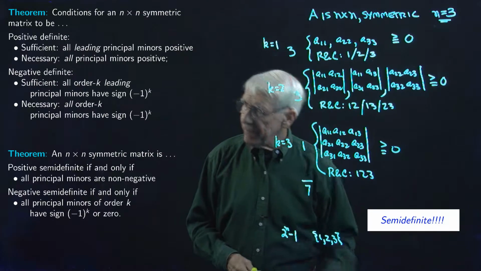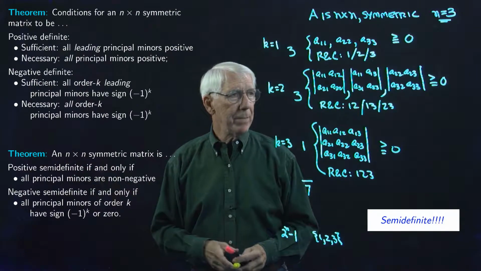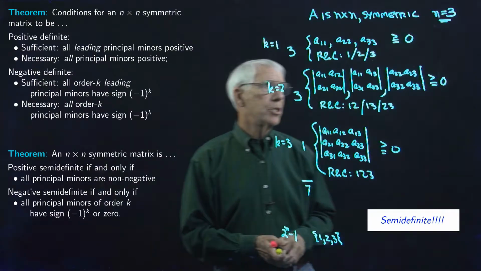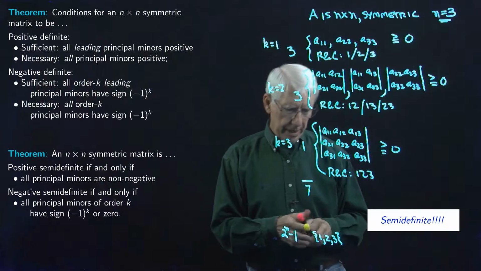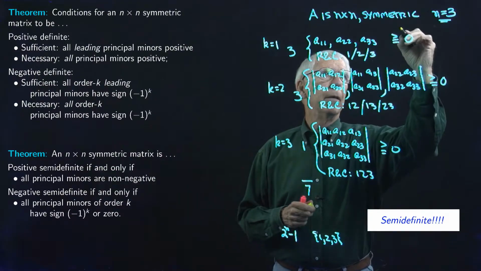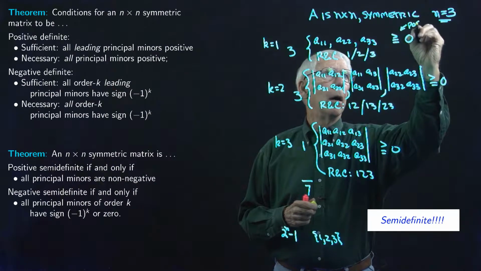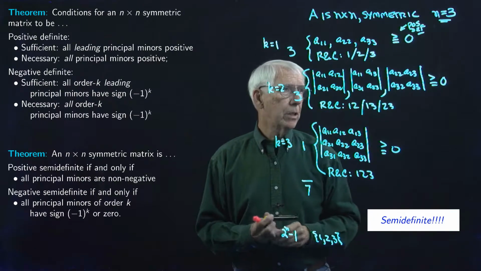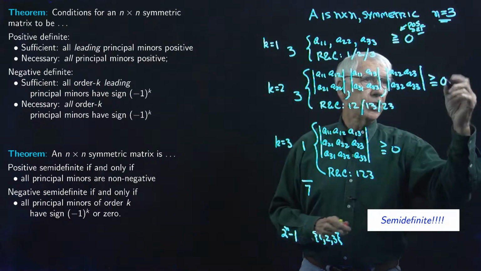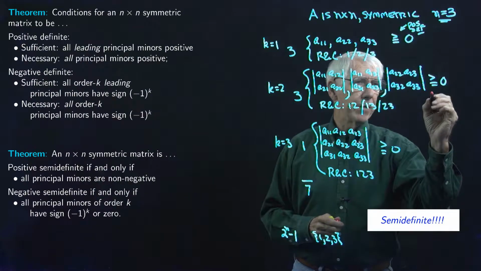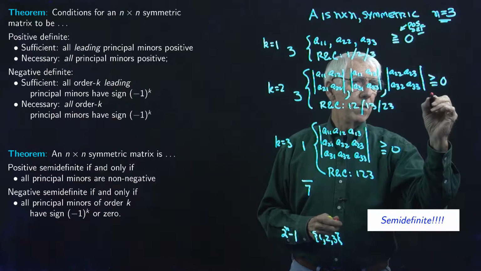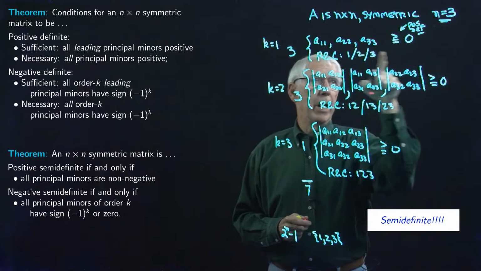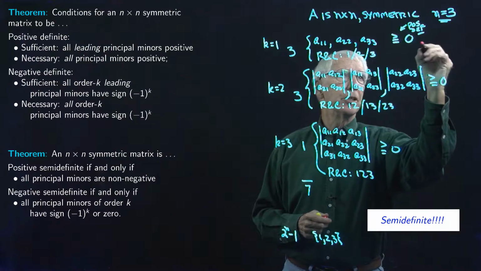Now, what about negative definite? Well, for negative definite, things are a little more complicated because we know the principal minors have to alternate in sign. So here I'll use a different color. Up here I'll put positive definite. And now I'll use a different color, and we'll say that for negative definite, the first order principal minors have to be less than or equal to 0.